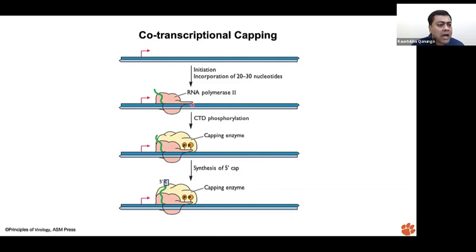And at that time, the C-terminal end of the RNA polymerase is phosphorylated. This phosphorylation will cause some conformational changes, which will recruit the capping enzyme. And as the polymerase goes on, it will also cap the 5' end. So why wait until the 20, 30 nucleotides?